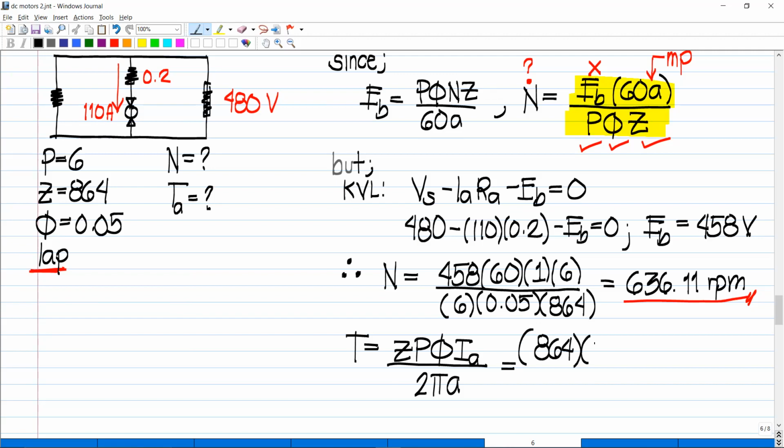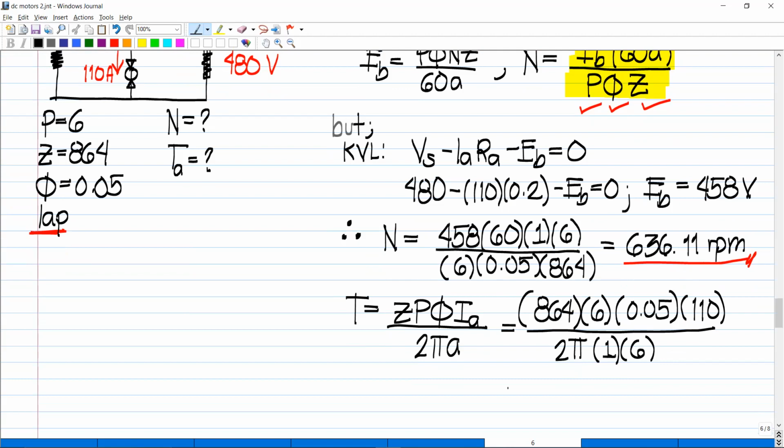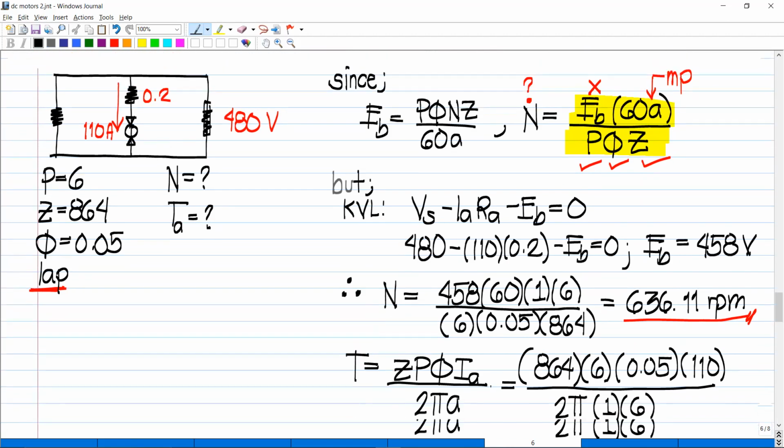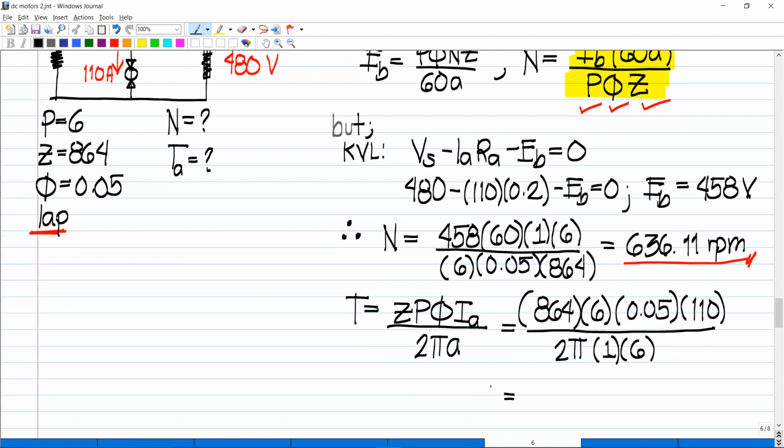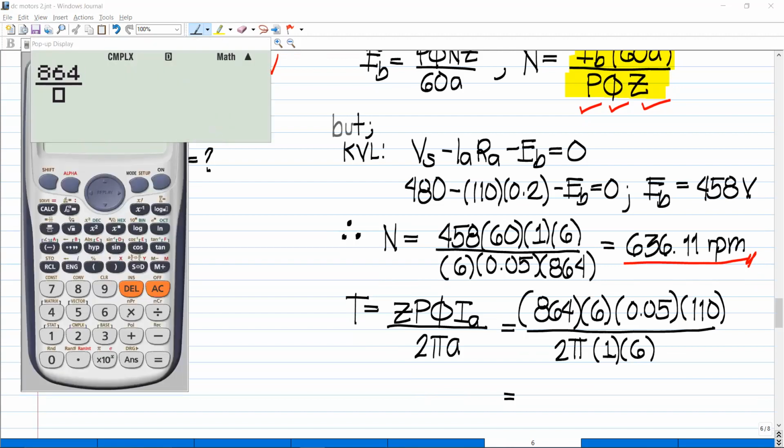The number of poles is also given, 6. The flux is given, 0.05. The armature current in our circuit is 110, divided by 2 pi, and again we will be using the multiplier for our parallel paths, 1 times 6. So what comes out here is 756.3. Let us compute: 864 times 6 times 0.05 times 110 over 2 times pi times 6.